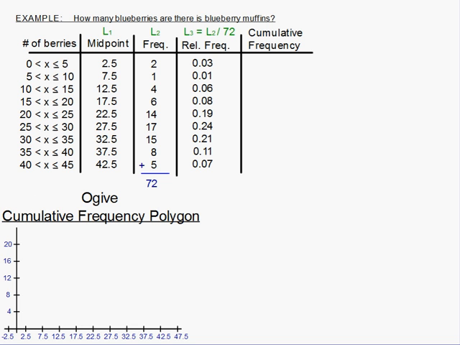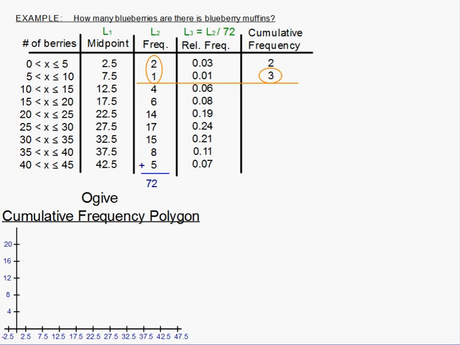It's actually also called an ogive, a special name, so you might hear that every now and again. As we move down interval by interval, for each position, this is going to be the sum of all the frequencies of that position and less.